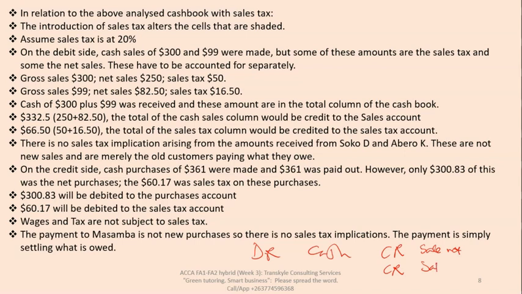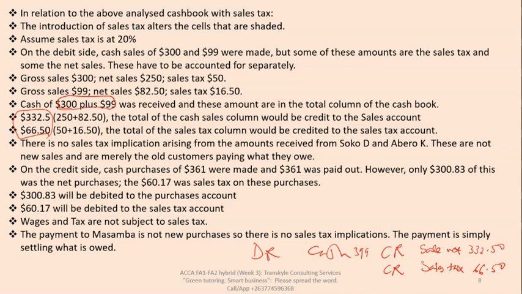So like here, the sales tax was from this information. We are simply using these figures. So the net sales in total were 332.5, and then the sales tax was 66.5. And then the total cash which was received was 300 plus 99.